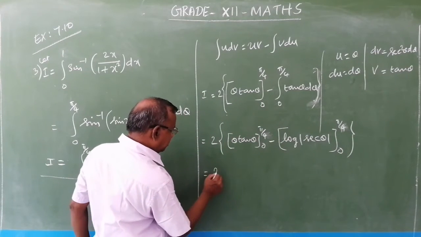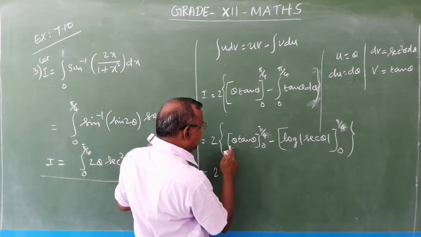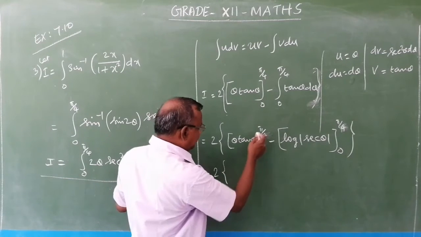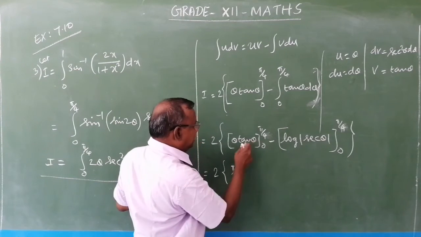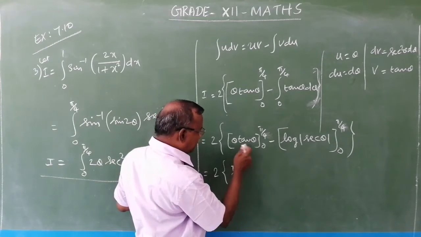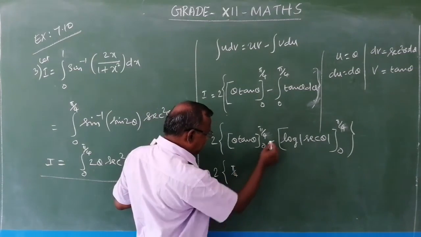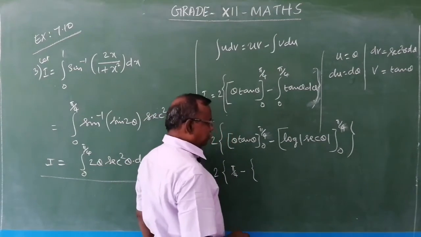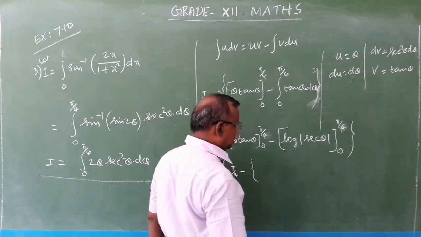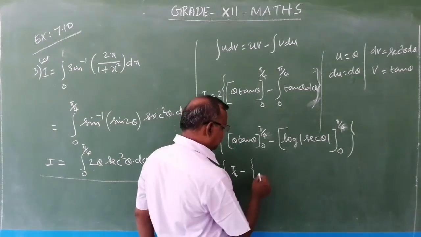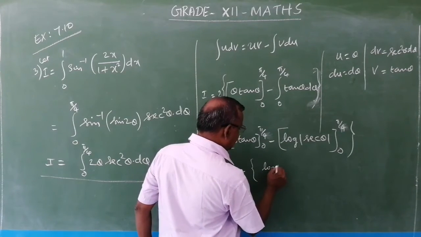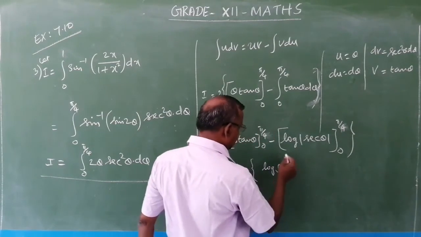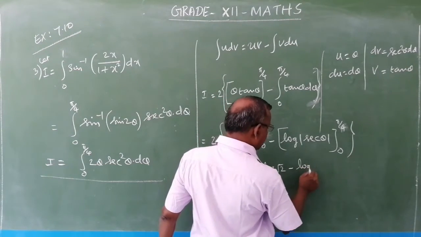Now, this is equal to 2 into upper limit pi by 4 into tan pi by 4, and tan pi by 4 equal to 1, and the lower limit is 0, so pi by 4 minus 0, and here minus upper limit log of secant pi by 4. Secant pi by 4 equal to root 2. So, log of root 2 minus lower limit, that is log of secant 0 equal to 1.